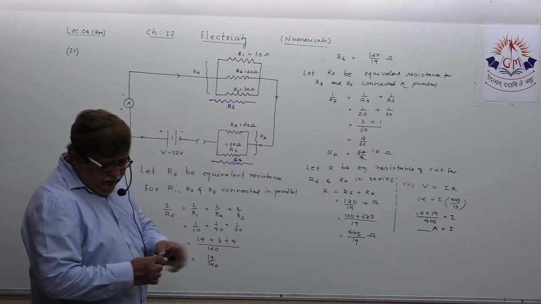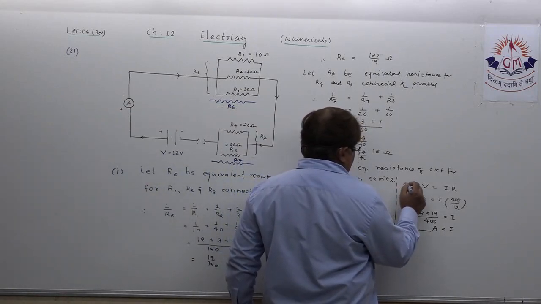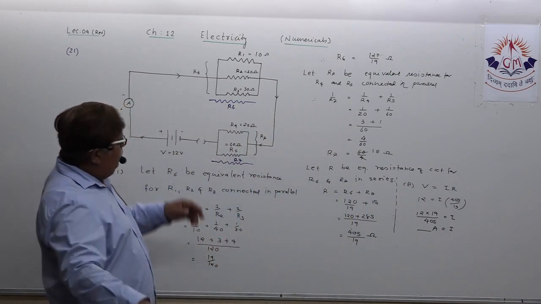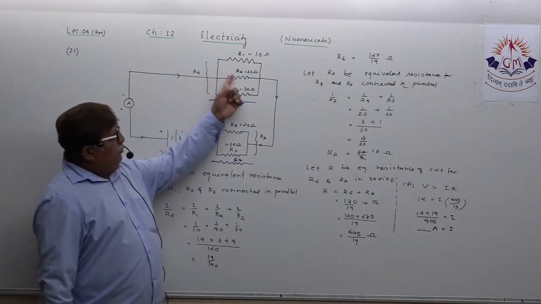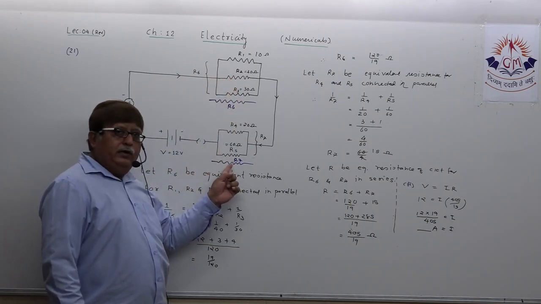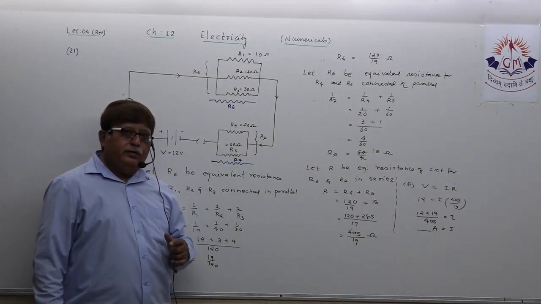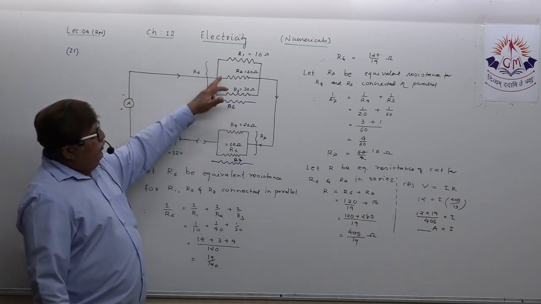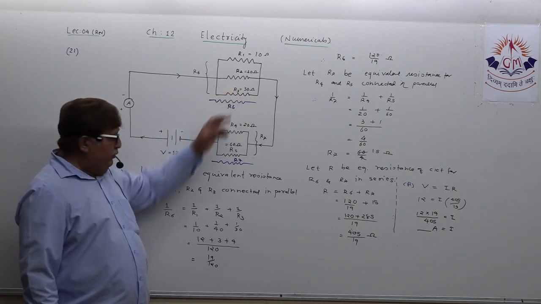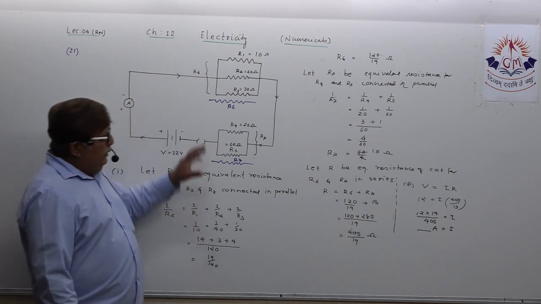So here what you should mark, a very important fact, dear student, is that in the circuit diagram what they have shown you, three resistors are connected in parallel. These two are connected in parallel and then joined with the circuit. So what you can do? First you have to find the equivalent resistance of this, then the equivalent resistance of this.